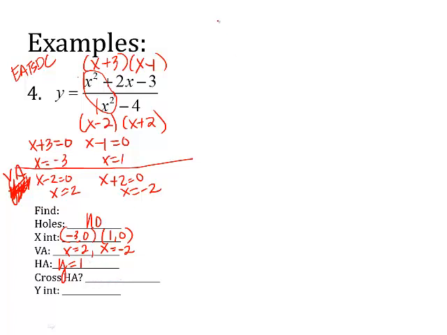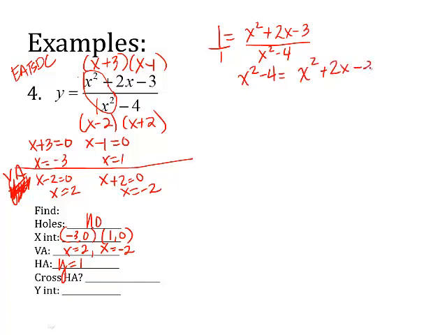So I set the 1 equal to the equation at hand. 1 over 1, and I can cross multiply. So I'll have x squared minus 4 equal to x squared plus 2x minus 3. If I subtract x squared from both sides, those are subtracted out of the equation.